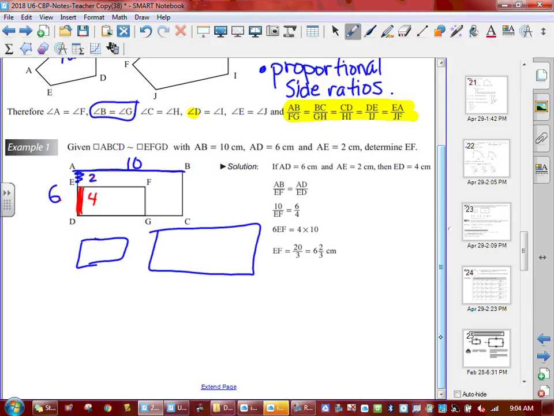So the next one, determine E to F. So I need to find this one right here. That's going to be my X. So when we set this up, we're going to just cross multiply and divide. That's all we're doing. We can put big over small or small over big.